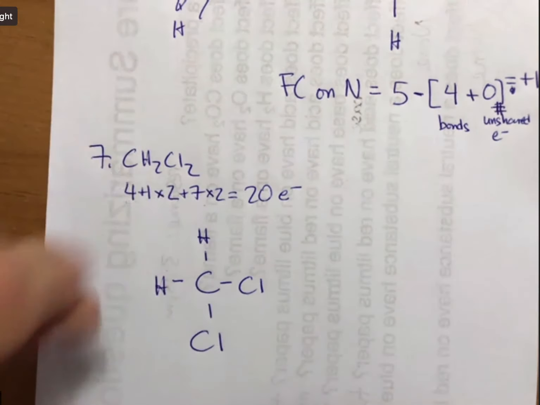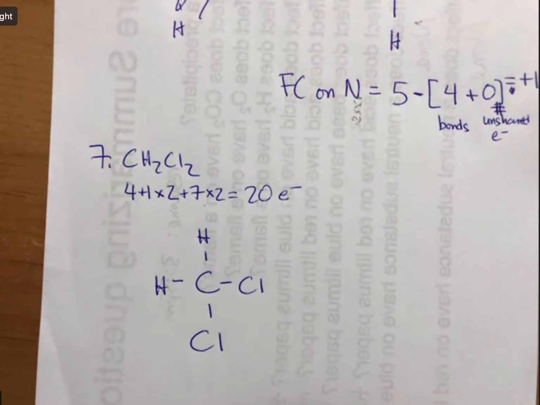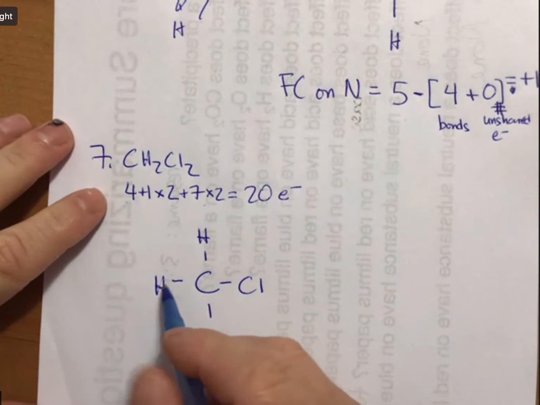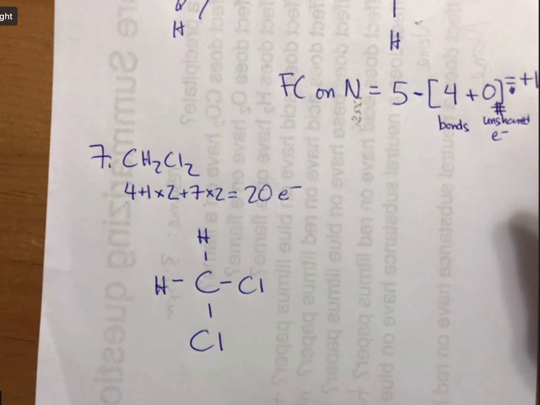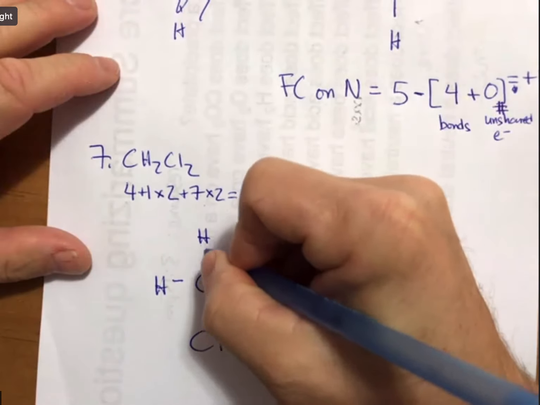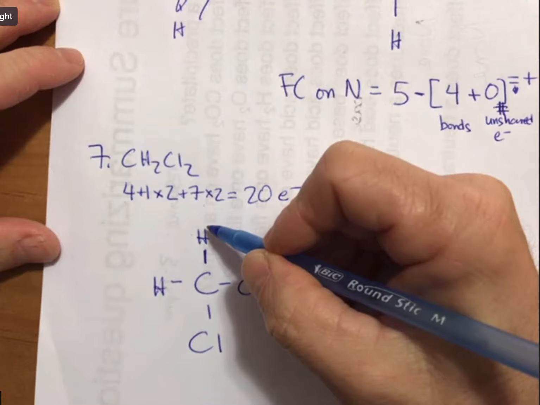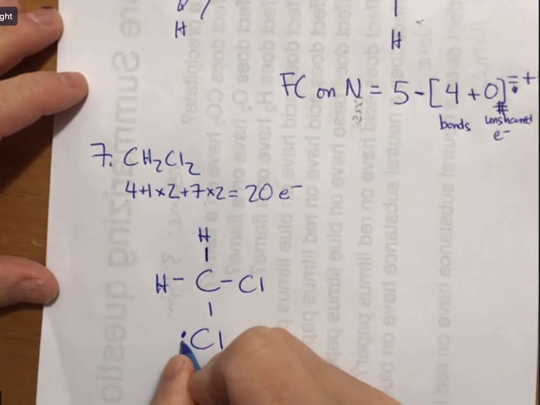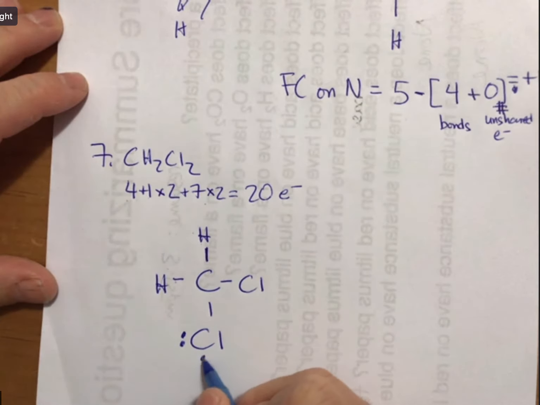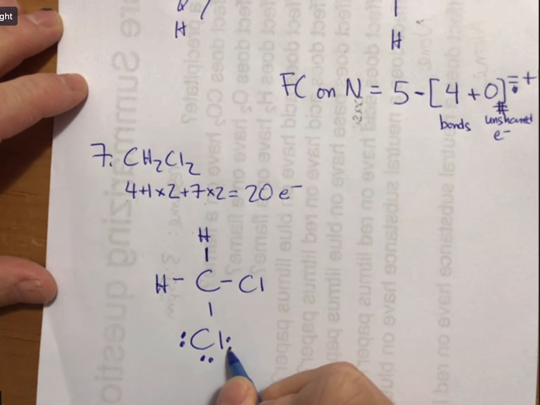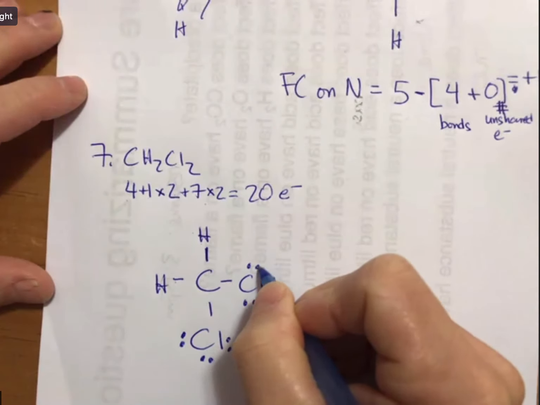According to our steps, I'm going to sprinkle the remaining valence electrons around my outside atoms. And as a general rule, hydrogens only ever have 1 bond, and they never have any pairs of electrons. But chlorines do, so we'll go 2, 4, 6, 8, 10, 12, 14, 16, 18, 20.